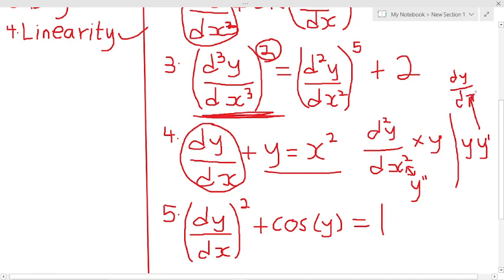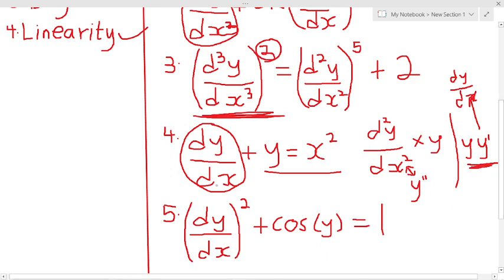If there's any equation that has this, a product of the dependent variable and its derivative in any part of the equation, whether the left hand side or the right hand side, it does not make it a linear equation, or it doesn't satisfy the conditions to become a linear equation.